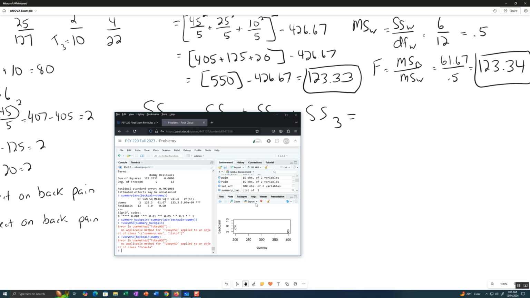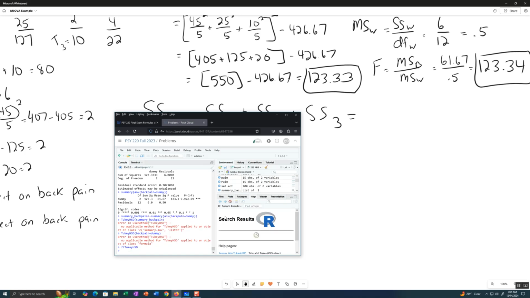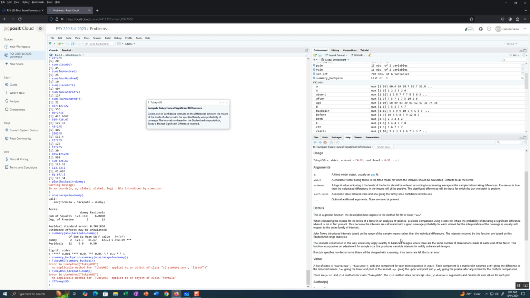Okay. Well, we know that the groups are different. We'd have to run it this way, but this one is giving me fits, because when you're dealing with R, you're dealing with something that is very inflexible.